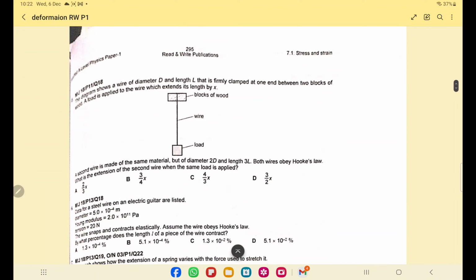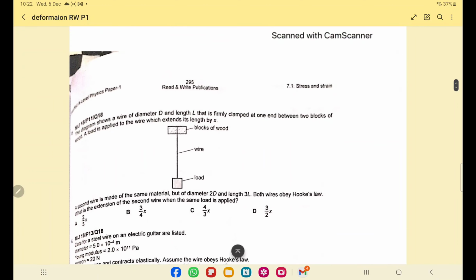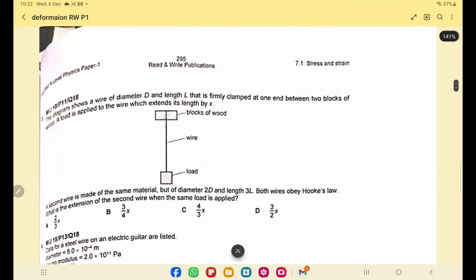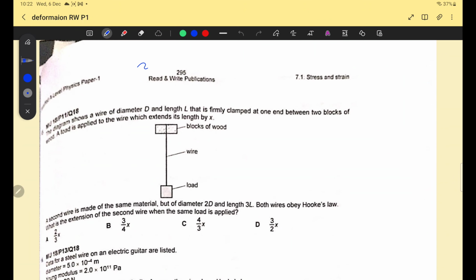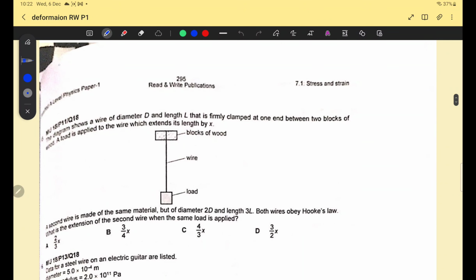Ha beta. Now this is the question on your screen, beta. And if you can note down its variant, it is June 18, paper 11, and it is question number 18. Okay. And what is the question?